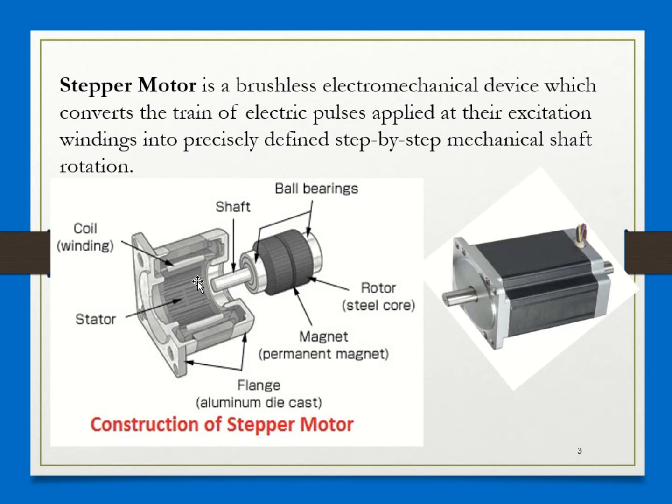So the repeatable fixed movement is possible as a result of basic magnetic theory, as I mentioned, where poles of the same polarity repel and opposite poles attract.